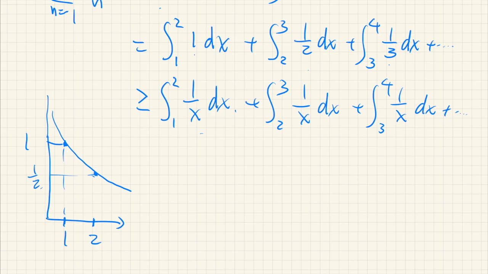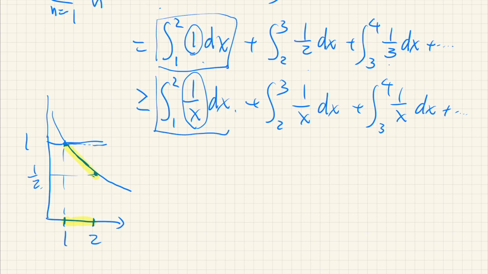So in this interval, the function value is always less than or equal to 1. So 1 over x is less than or equal to 1. Therefore, this integral is greater than or equal to this integral. And the same applies to this part.